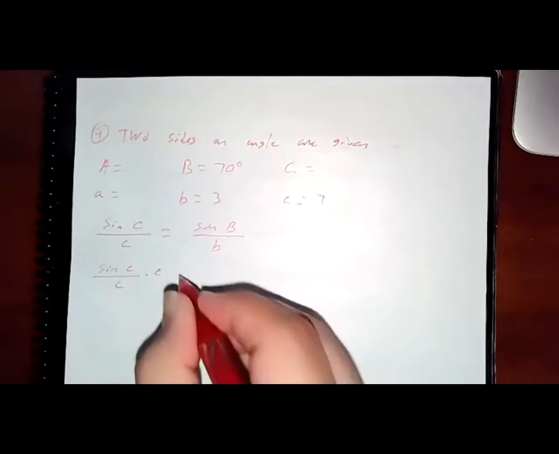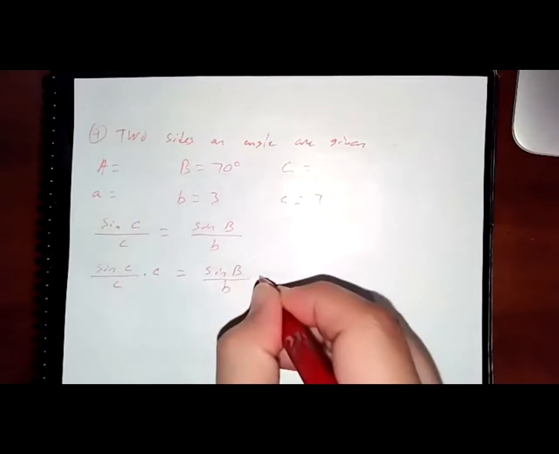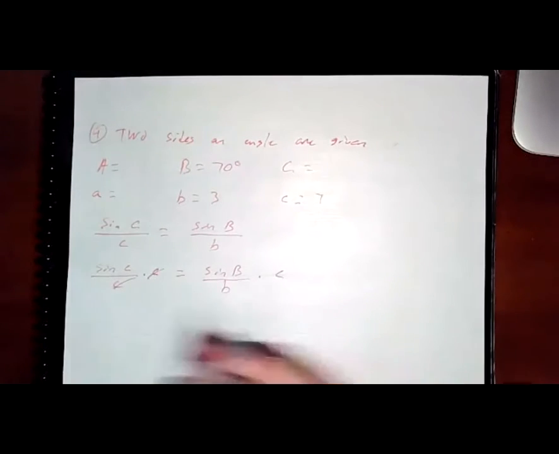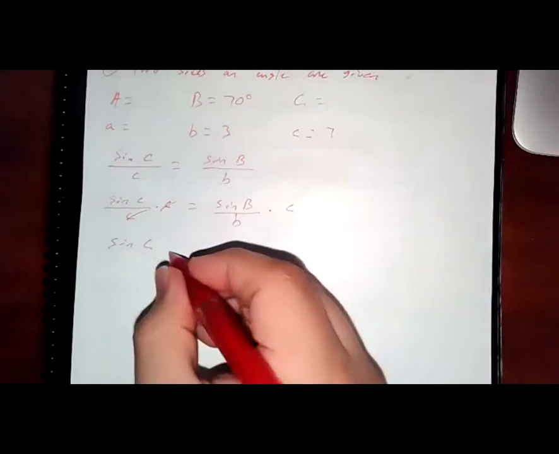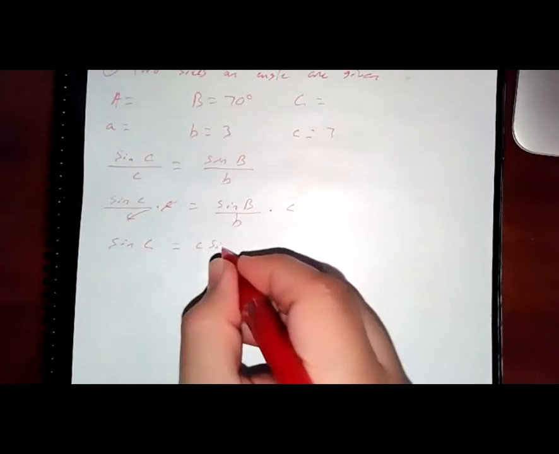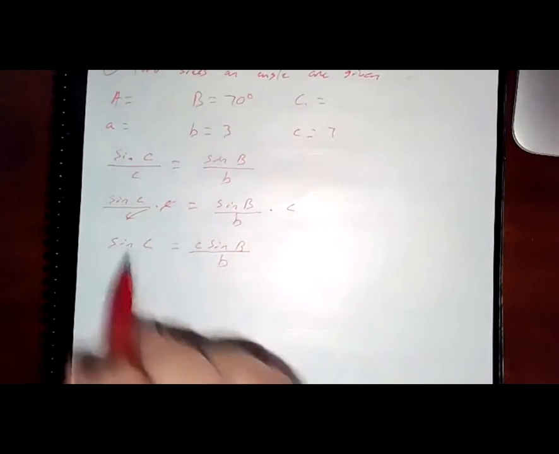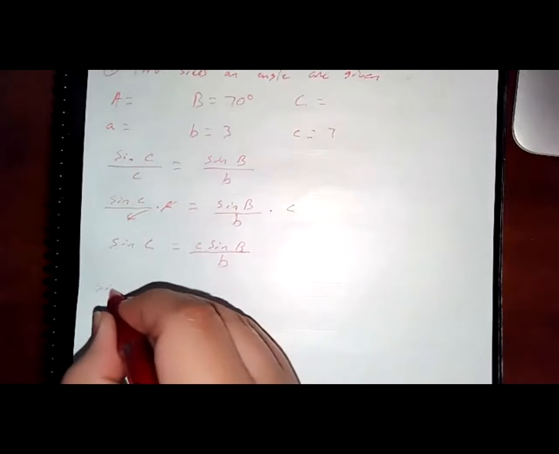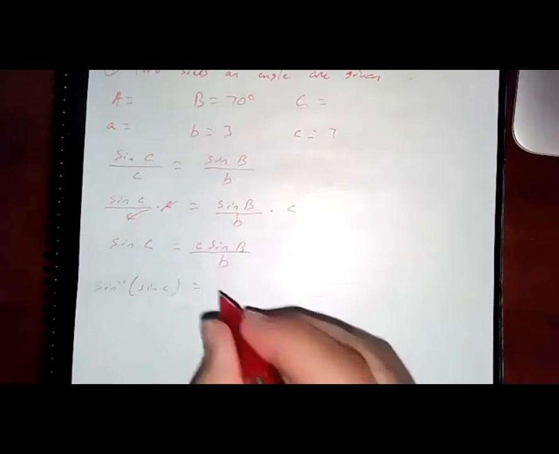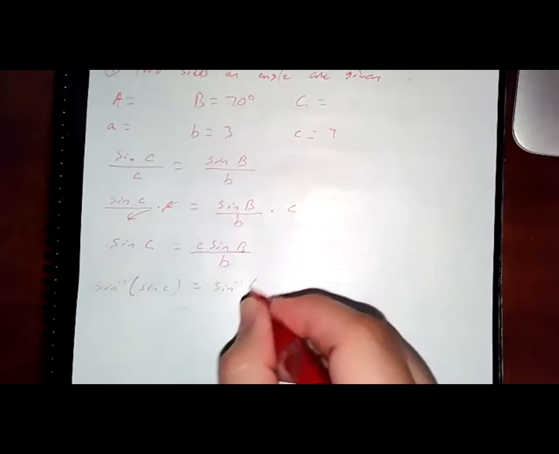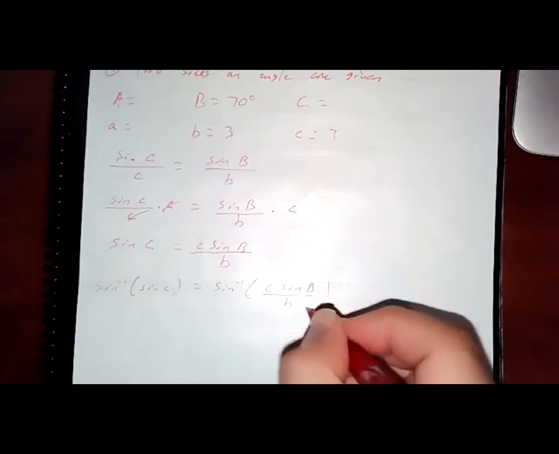Right, so times c, sine B over b times c. They're gone. So now I have sine capital C equal to, I'm going to put the c in front, not that it matters. I need the angle, so what I'm going to do is take sine inverse of both sides of c sine B over little b.